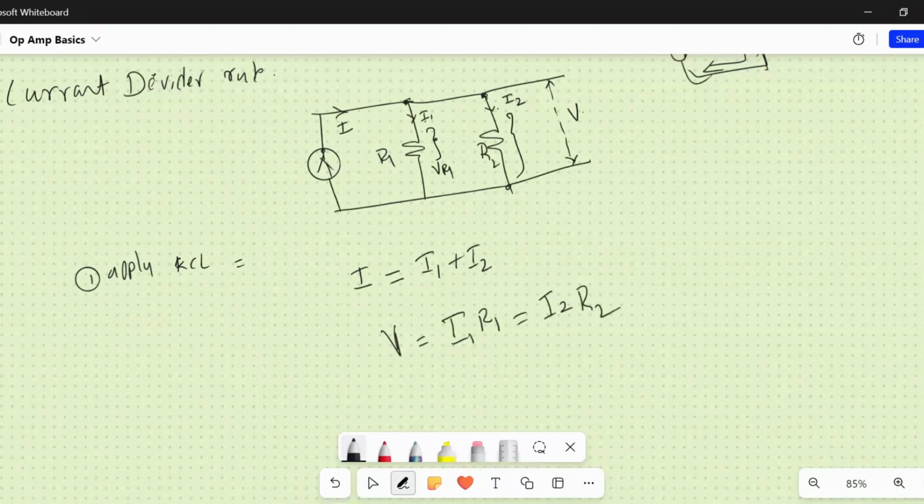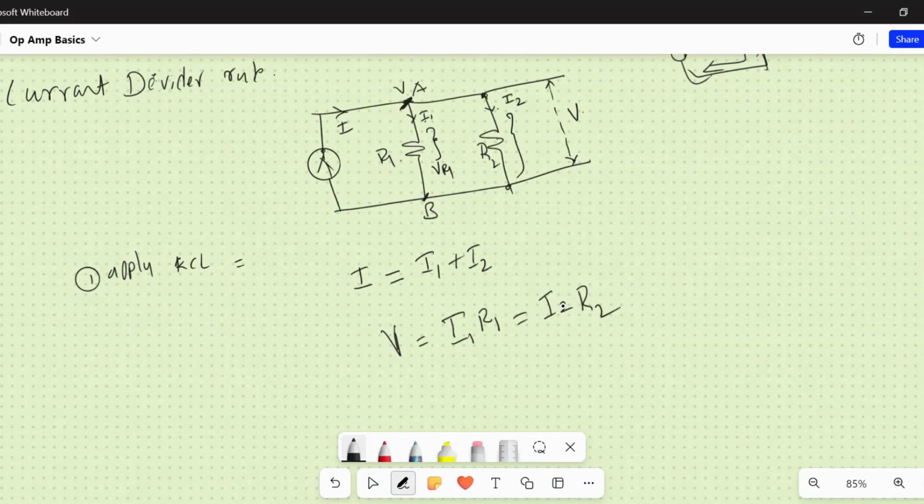The same voltage. If I call these line points A and B and you put a multimeter, the current can take a different quantity based on the resistors here. What is current opposed by? Resistor. If more resistance, more current is opposed. If less resistance, less current is opposed. If both are equal, equal current flows through it.